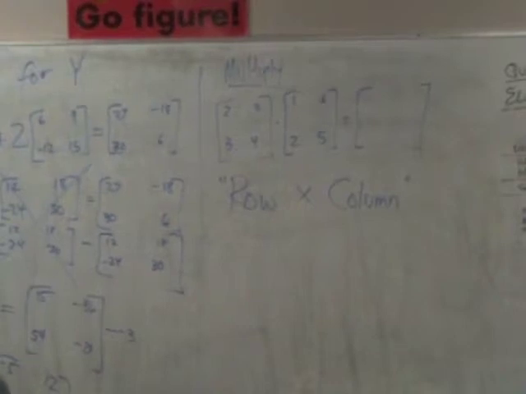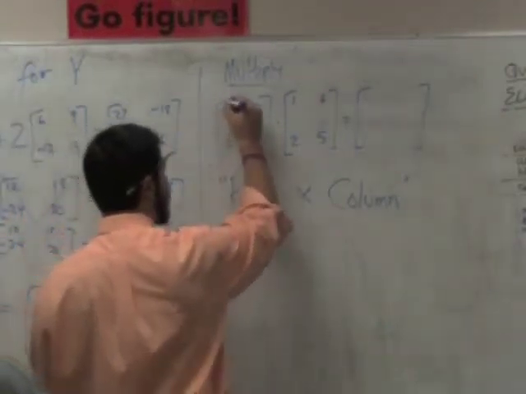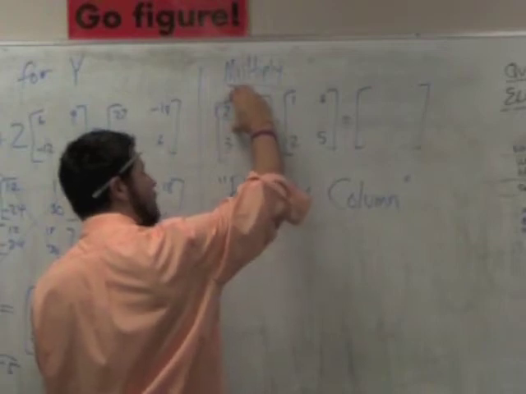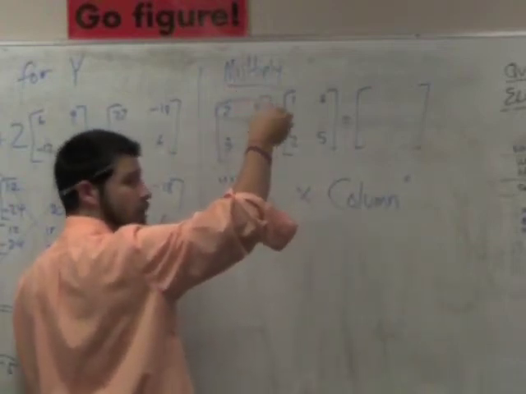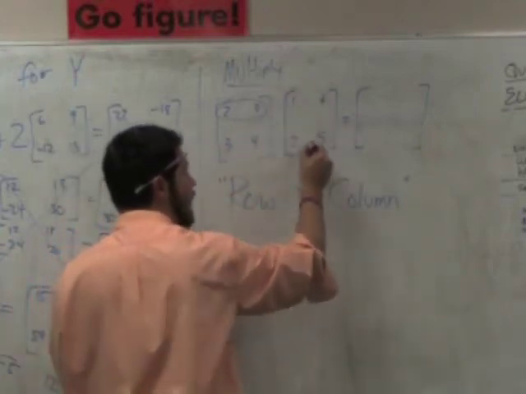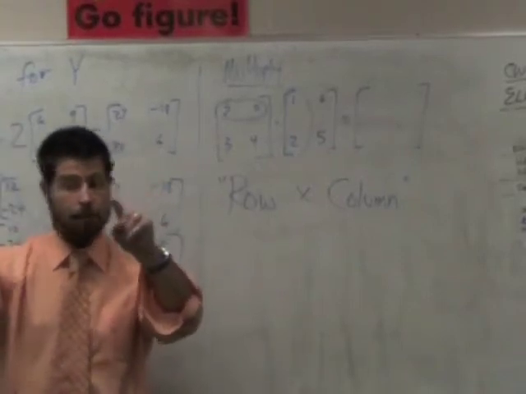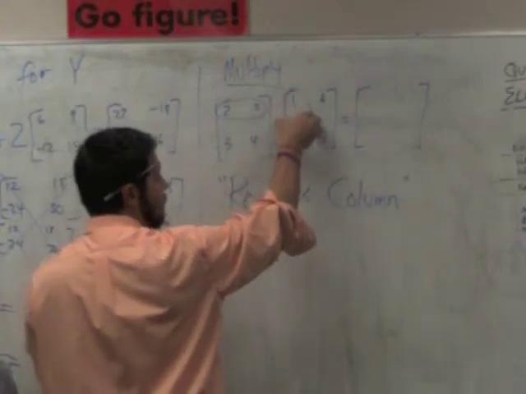It takes a little bit of mental math here. Take the first row, which is 2, 0, and physically imagine taking it out of the paper. You are going to turn it so it is straight up and down, and place it on top of the first column. I'm doing first row times first column.